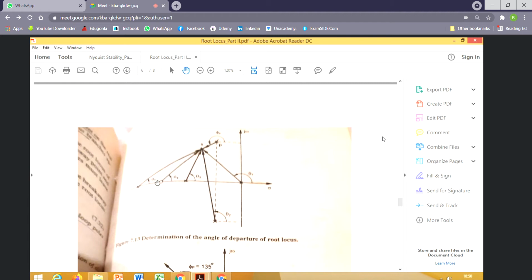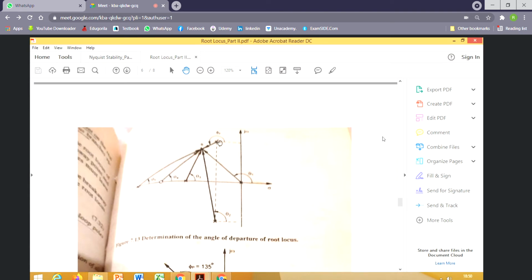That means the angles of departure and arrival at real open loop poles and real open loop zeros will always be either 0 or 180 degrees.